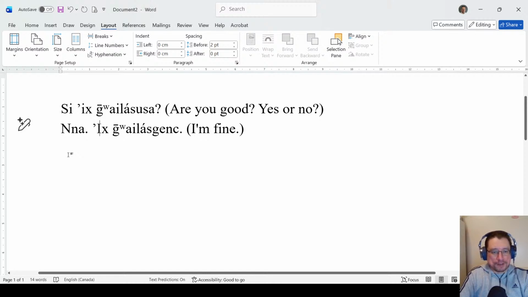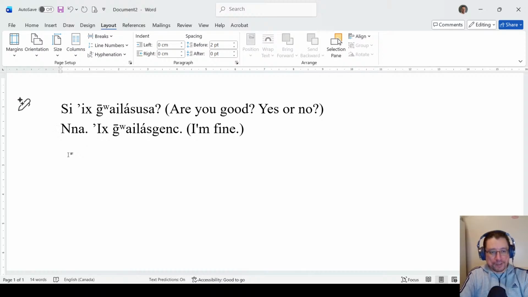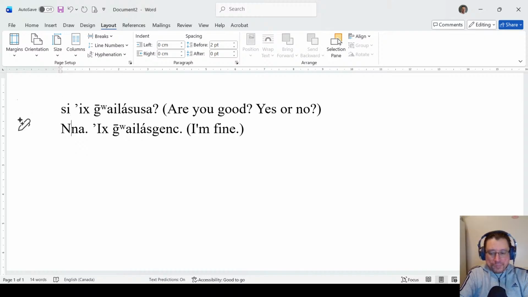So you can see here, he has that small raised W. He didn't have it in the previous sentence. Something else that I'll mention is that Emmon Bach used capital letters. I don't at all. It creates a lot more problems when you introduce capital letters into the isla hybrid orthography.